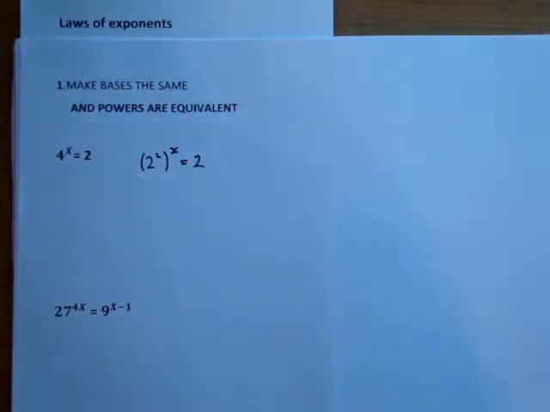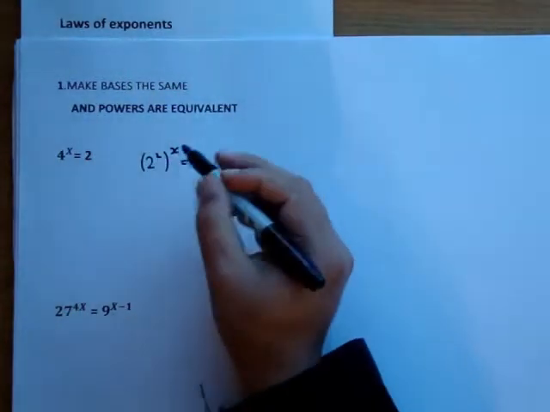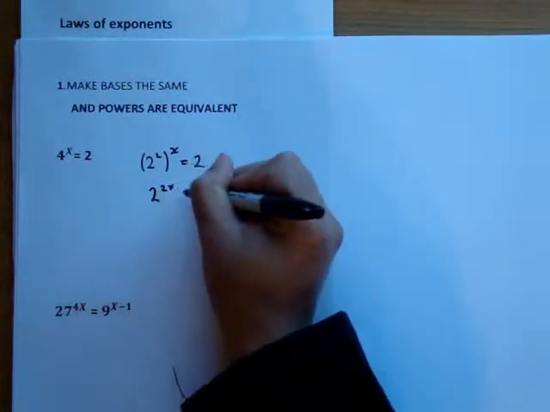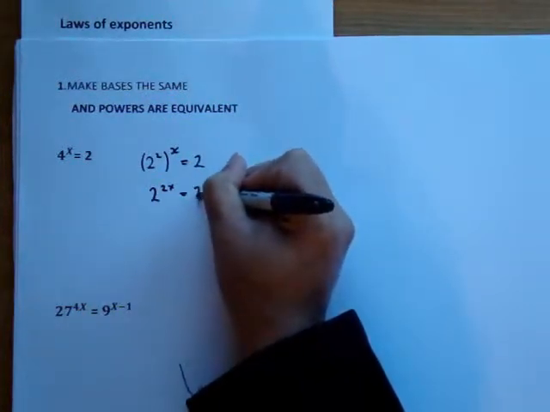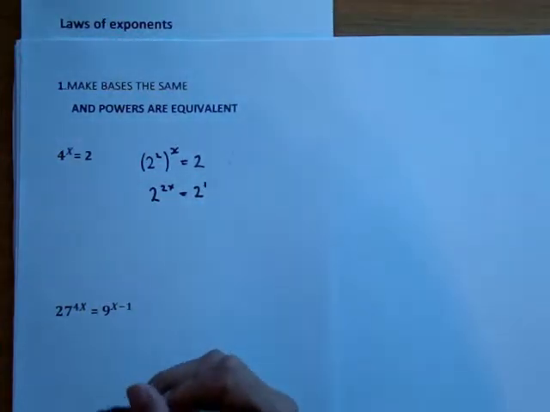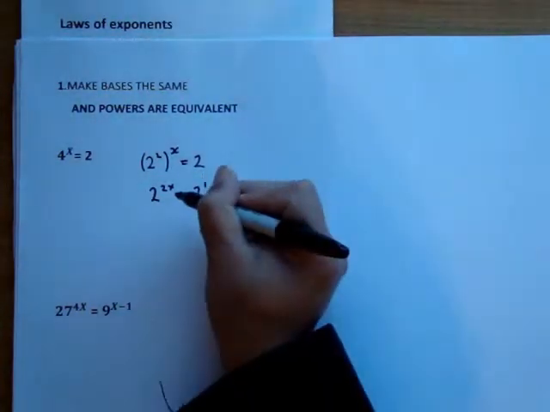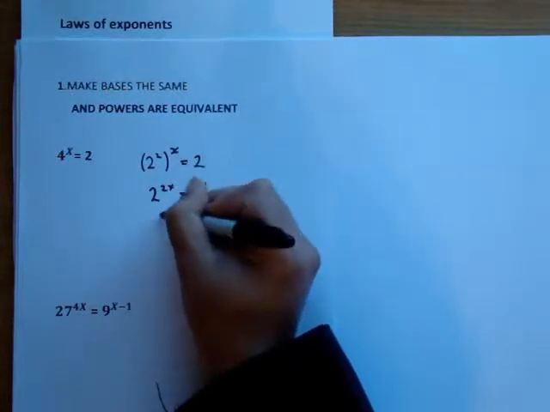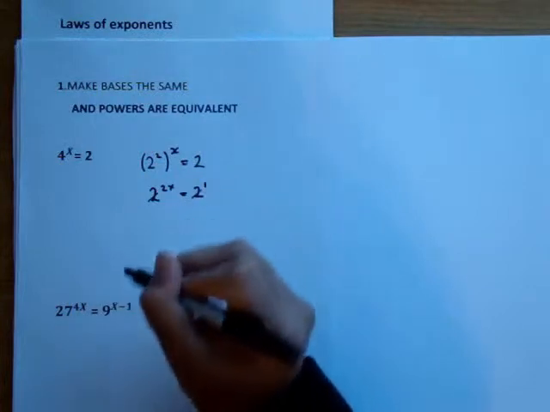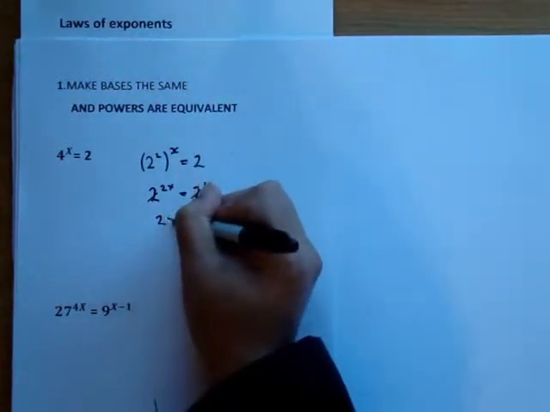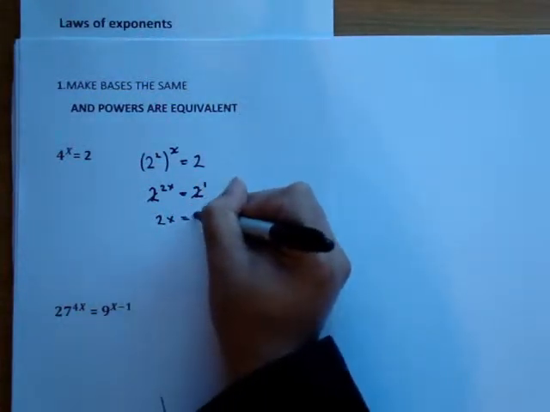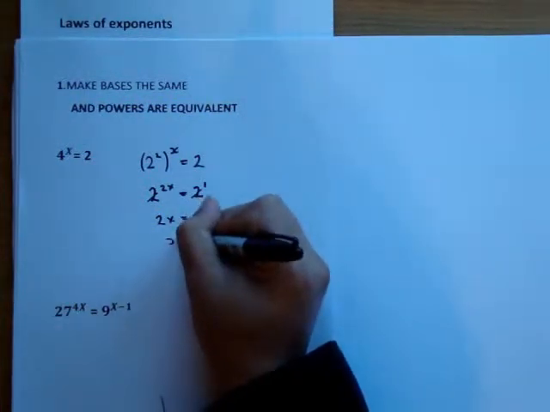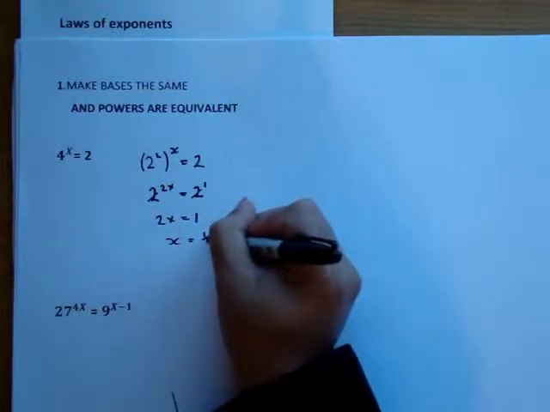Then we use our laws of exponents, so that becomes 2, when we get rid of the brackets, to the 2x equals 2 to the power 1. Because these two bases are the same, we can cancel those out. 2x equals 1, and then x equals a half.